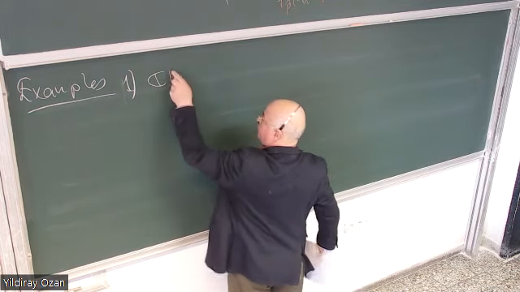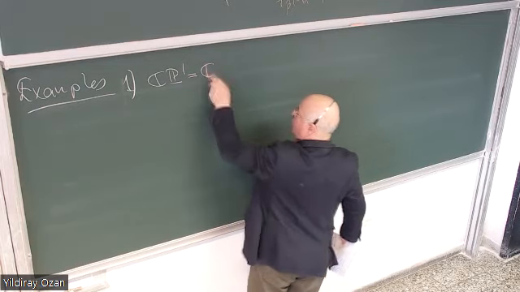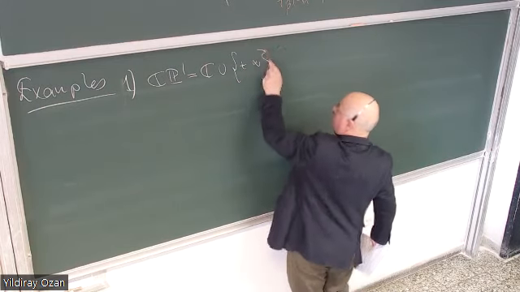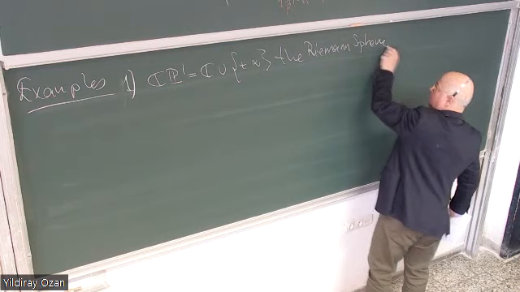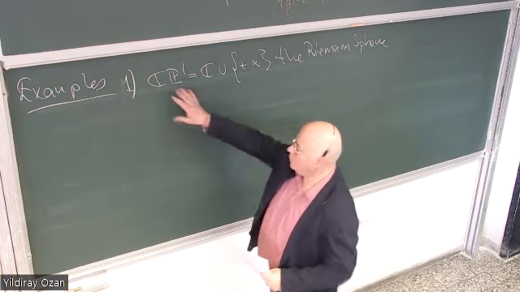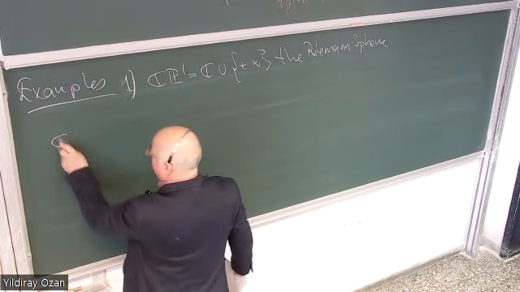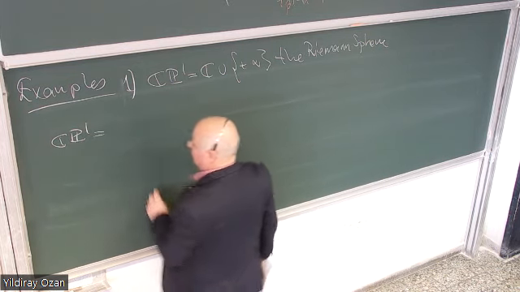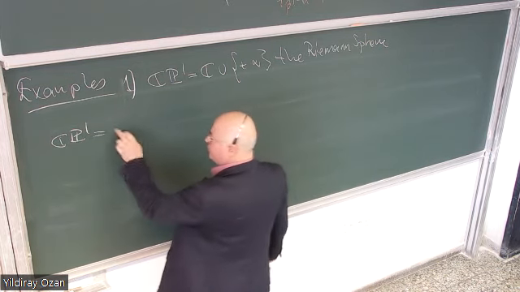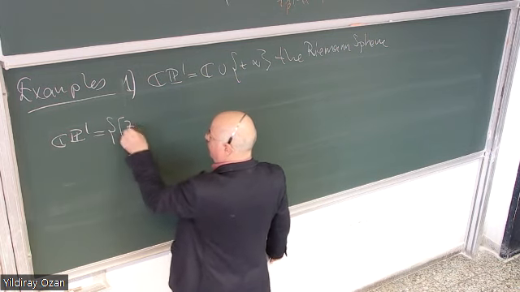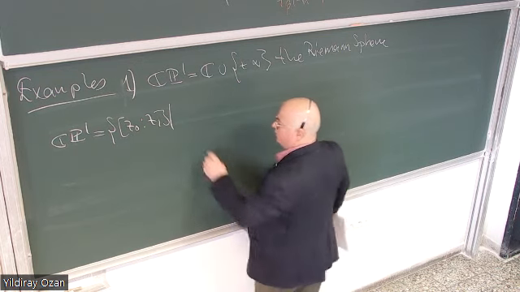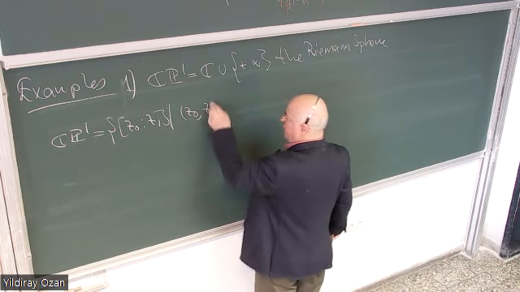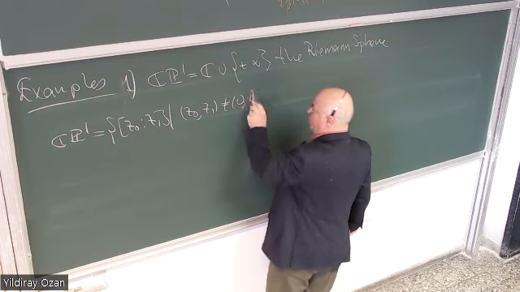The Riemann sphere CP1. I may regard CP1 as usual. Remember, this was just a pair of complex numbers (Z0, Z1), where this thing is not (0, 0).